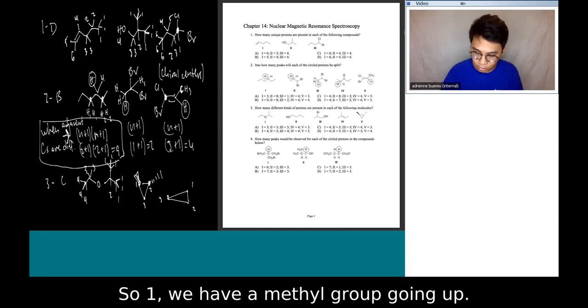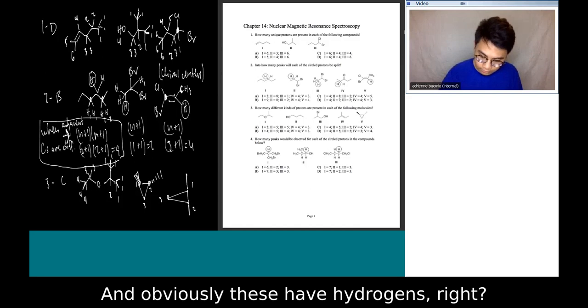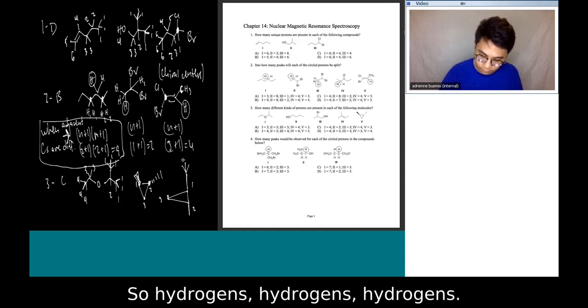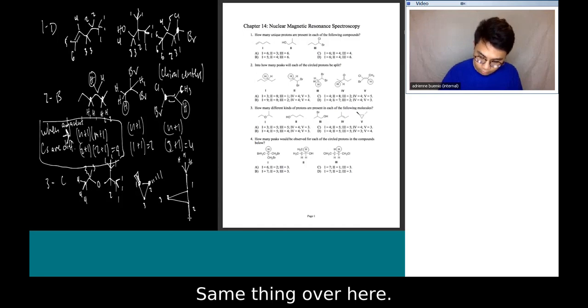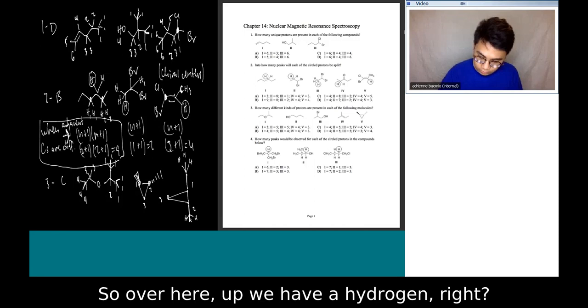So 1, we have a methyl group going up. 2, we have a methyl group going down. And obviously these have hydrogens, right? So hydrogens, hydrogens, hydrogens. Same thing over here. Hydrogens, hydrogens, hydrogens, right? So over here, up, we have a hydrogen, right?